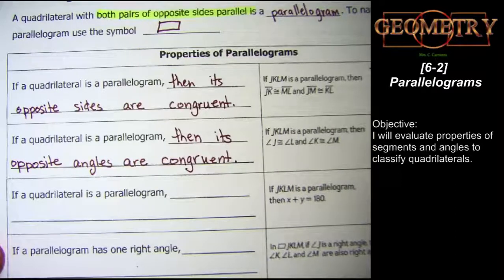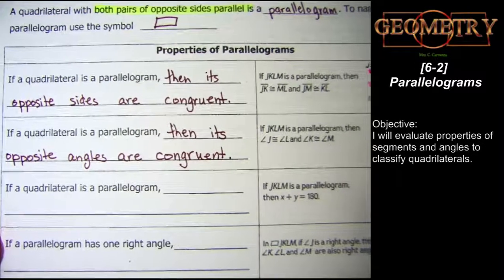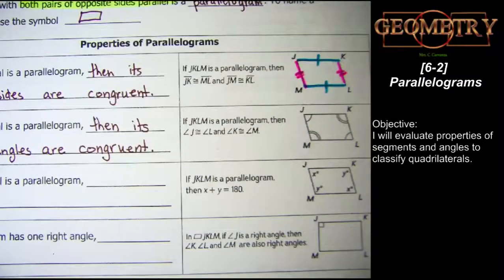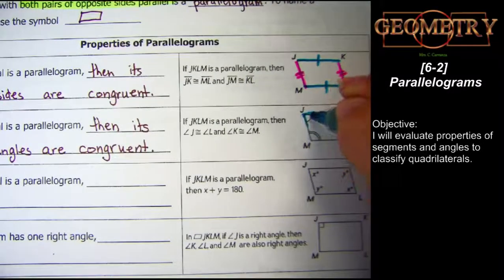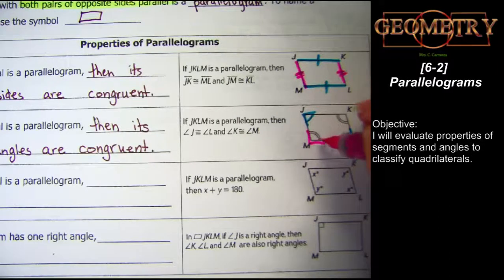I'm going to scroll over to the right here in a moment so we can look at that diagram and we can find where those opposite angles are and do our congruent markings to show that they have the same measure. Here's our diagram. We're talking about this corner being congruent to this corner and these two corners being congruent to each other as well. Okay.